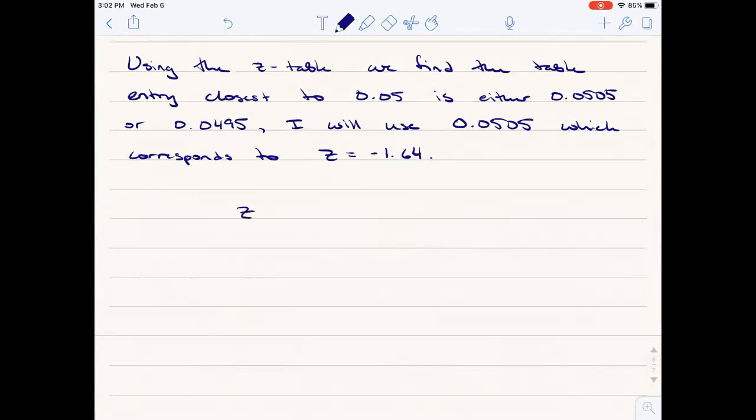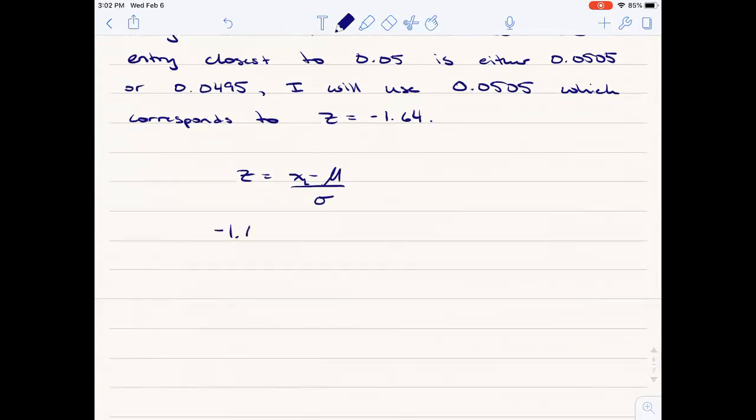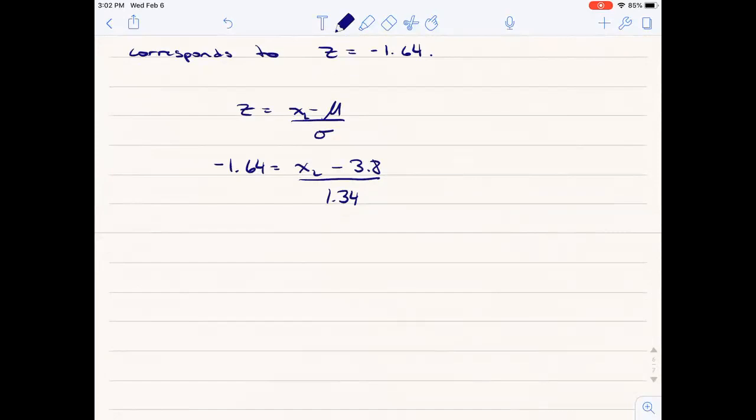So Z is X lower minus mu over sigma. Negative 1.64 is X lower minus 3.8 divided by 1.34. So I've got negative 1.64 times 1.34 plus 3.8.